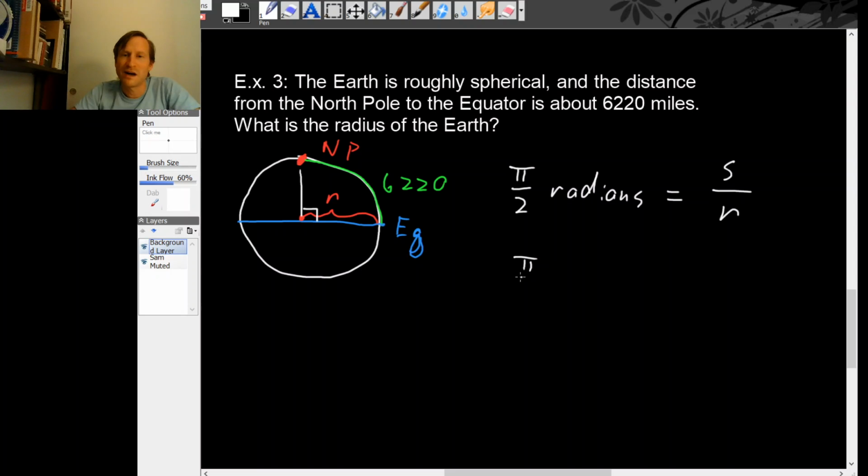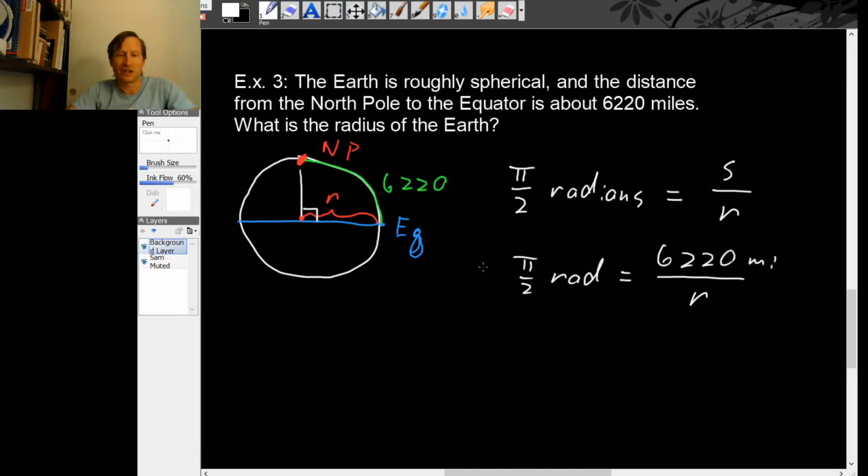So we have pi over 2 radians equals, well, the arc length in this equation is this green arc length. The arc length in the definition of radians is the arc length along the circle cut out by the angle. And that's the green arc length, so that's 6,220 miles divided by the radius, which we don't know yet.